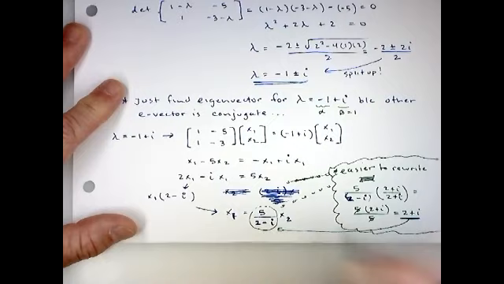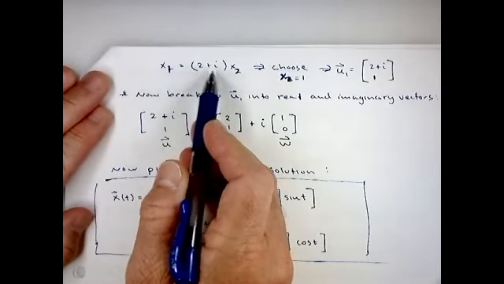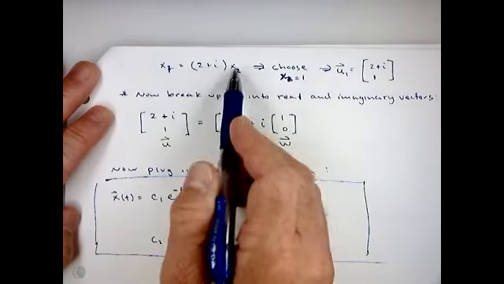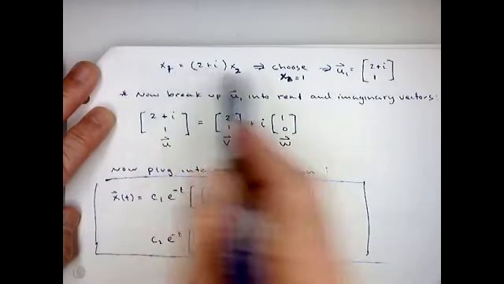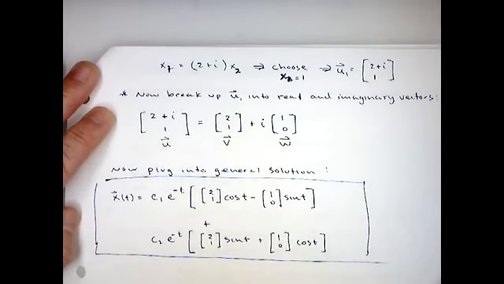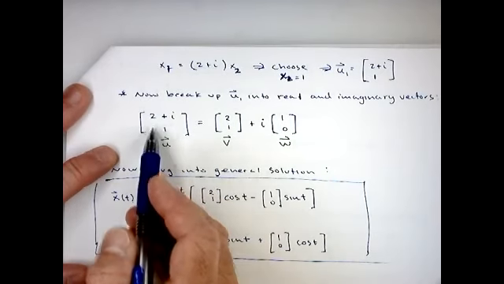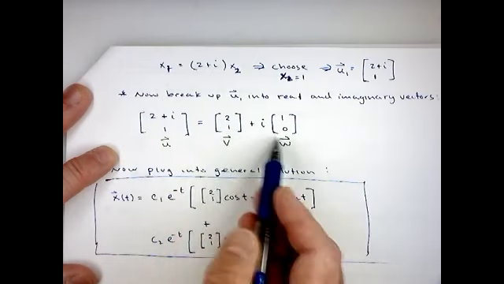So we're going to now find our eigenvector. Because now we know x1 is equal to 2 plus i times x2. So this time it would make sense to choose 1 for x2, in which case x1 will be 2 plus i. There's my eigenvector. Now here's what I meant about the v and the w. We're going to take that eigenvector and break it up into its real part and its imaginary part.